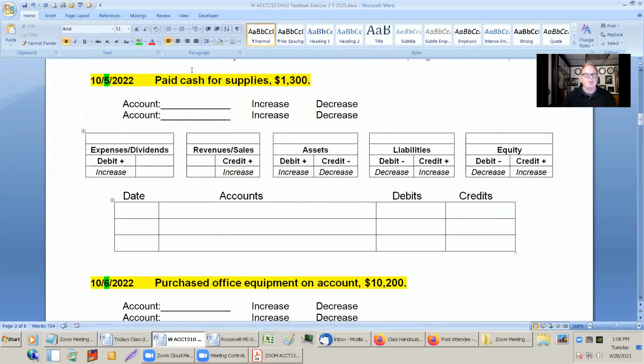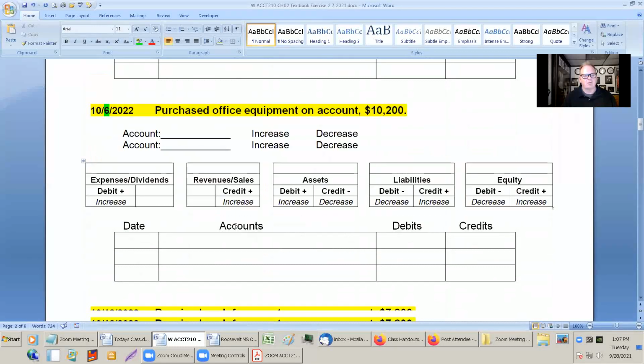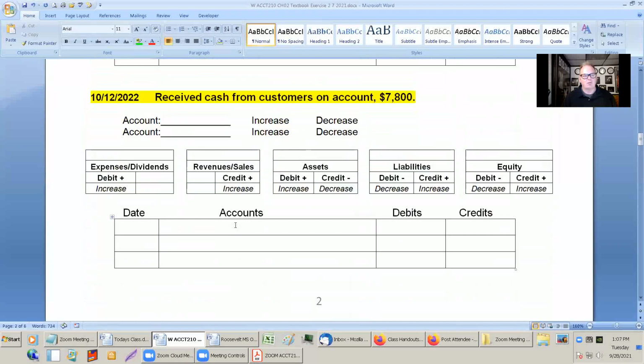But do we do these together as a class, or do you work ahead? I'm not sure. We did not do these together as a class. We stopped at 12. So 12 is blank: received cash from customers' accounts, 7,800. That's where we stopped in the last class, I believe.